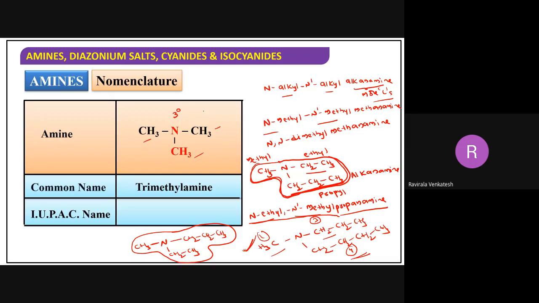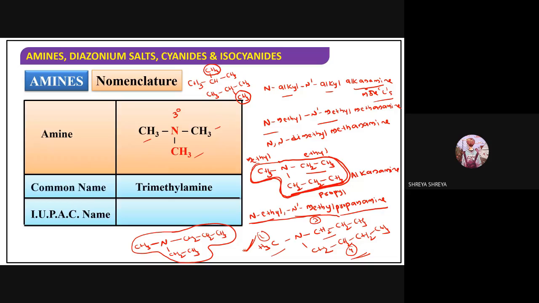For example, I am writing this structure. Now, if I put this methyl group in the upward direction, and if I put this methyl in the downward direction, do you find any difference between these two?